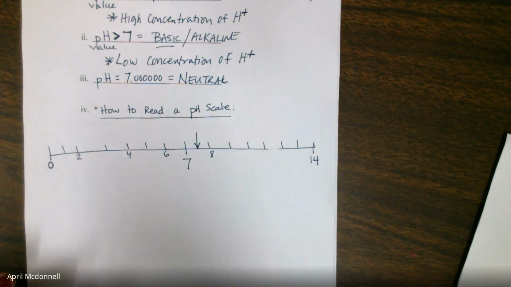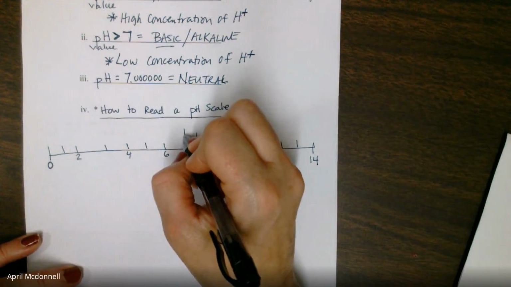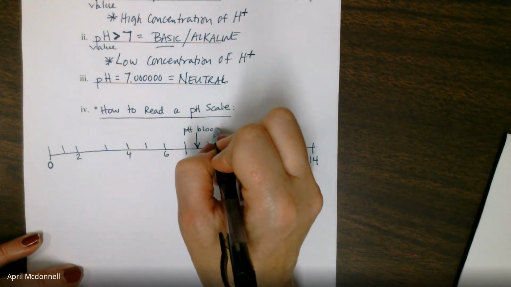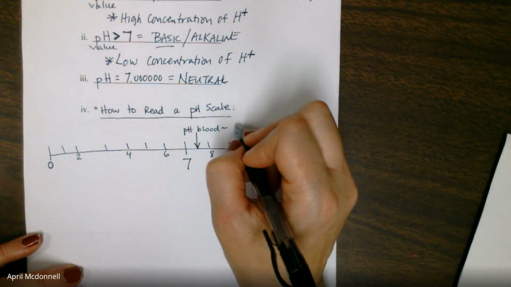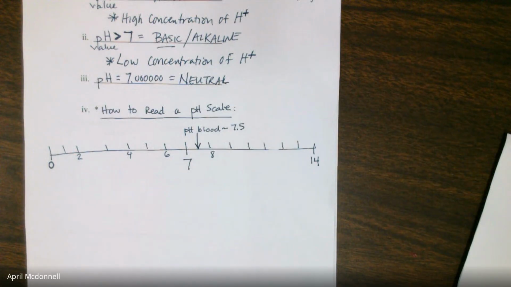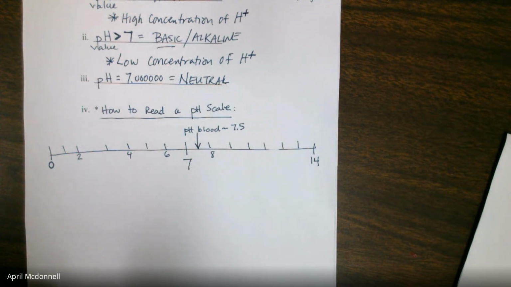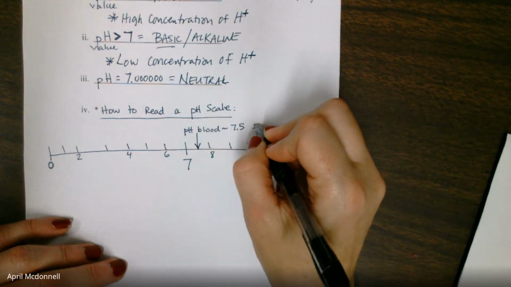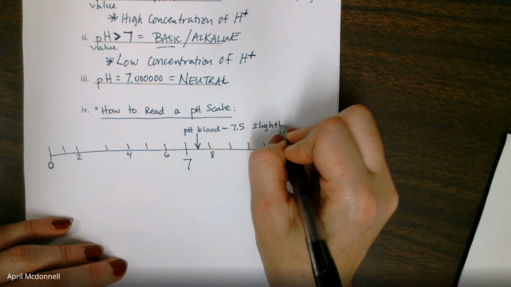It looks like the pH of blood is approximately 7.5. So would you consider blood acidic, basic, or neutral? Blood is actually considered basic, but we call it slightly basic because it's close to neutral.